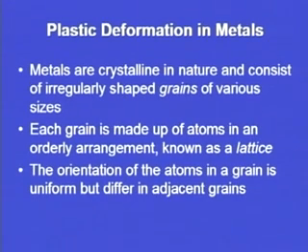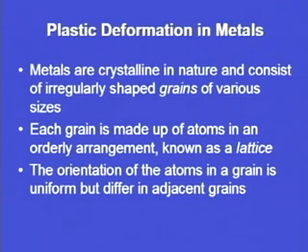Now we will go through what happens during the plastic deformation of metals. Metals, as all of us know, are crystalline in nature, and consist of irregularly shaped grains of various sizes. Each grain is made up of atoms in an orderly arrangement known as a lattice.